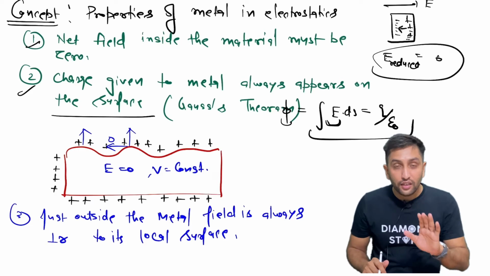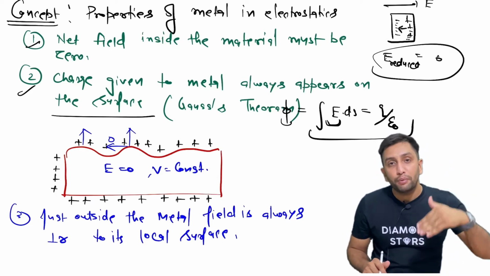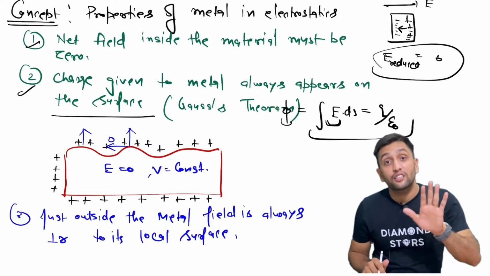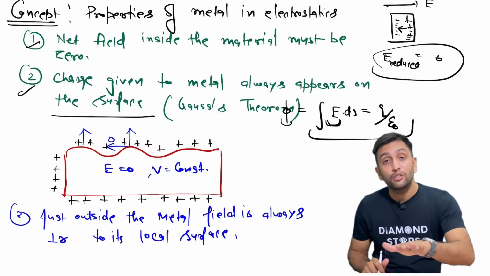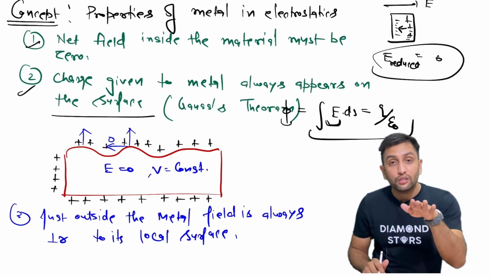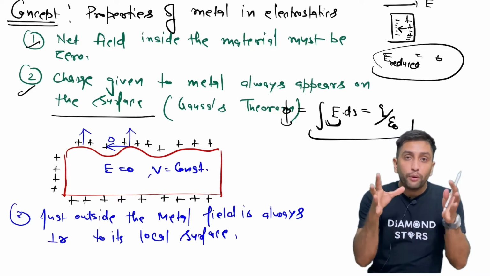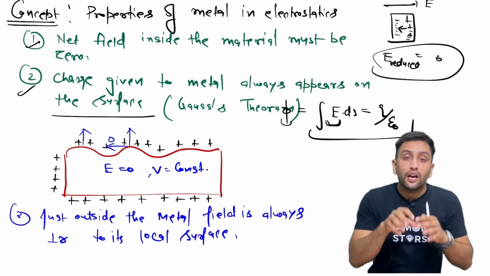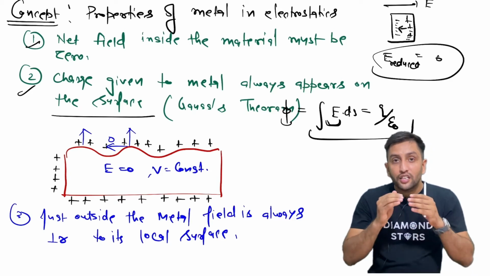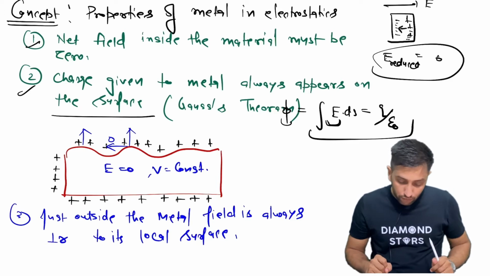Electric flux means the electric field lines passing through any particular surface, and that comes out to be 0. When electric field lines are not there, that means charge is not there. This is known as the skin effect: whenever you talk about metals, the charge never resides inside the conductor, it comes out on the surface. This is explained by the Gauss theorem.